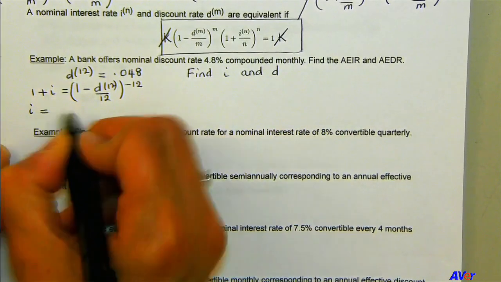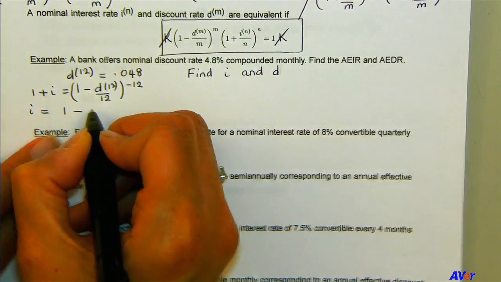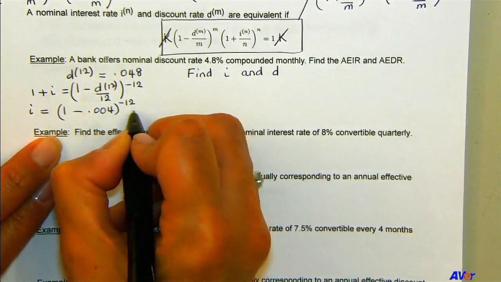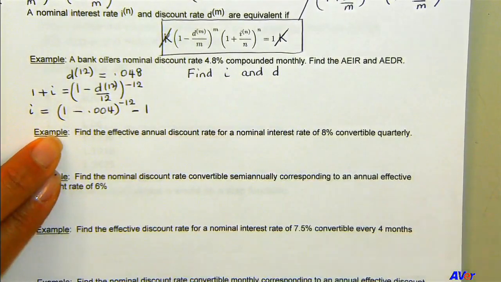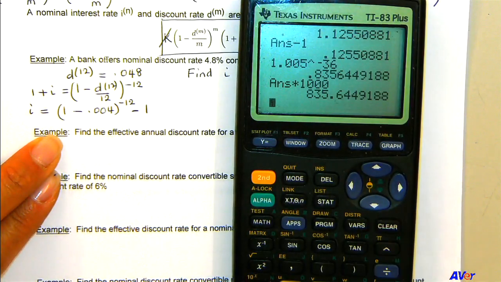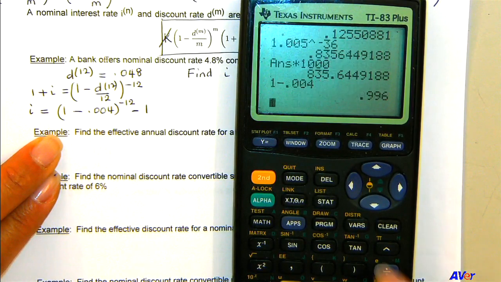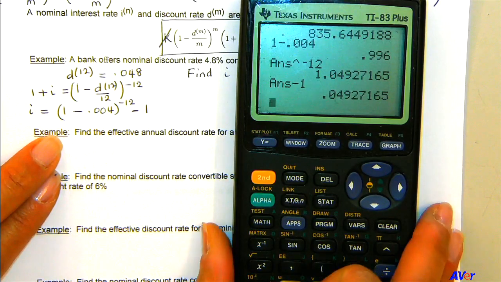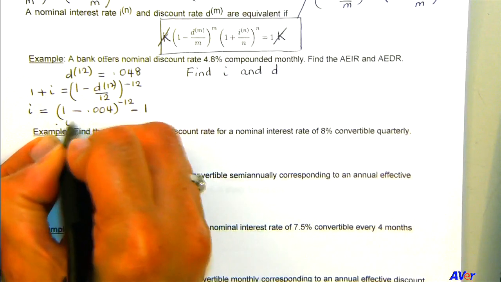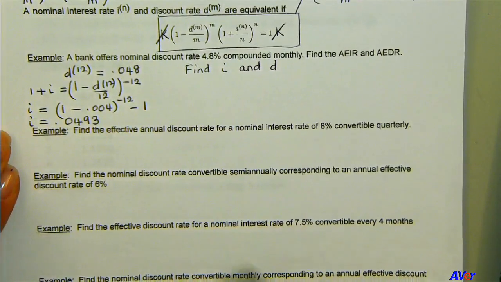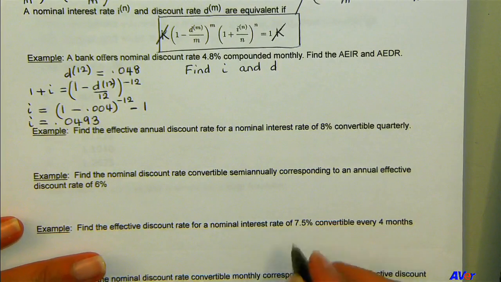So i equals (1 minus 0.004) raised to the minus 12, minus 1. That gives 0.04927, let's call it 0.0493. i equals 0.0493.